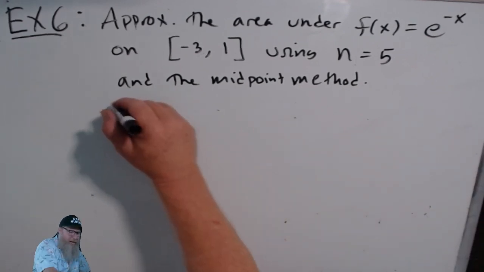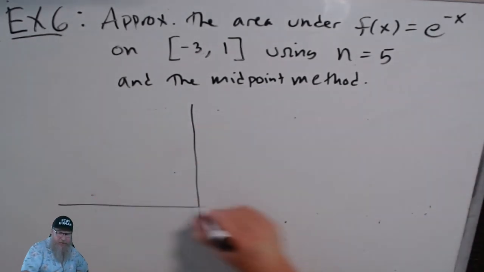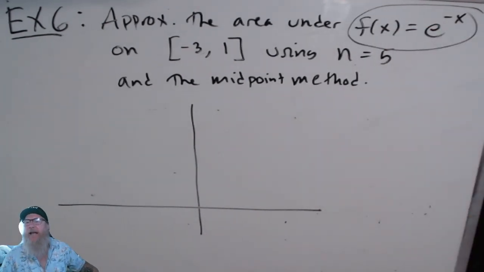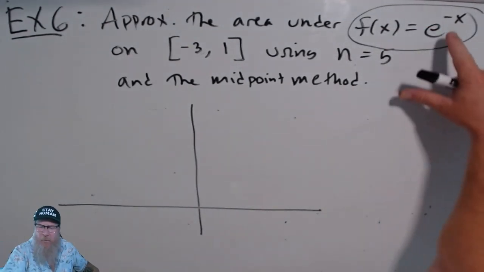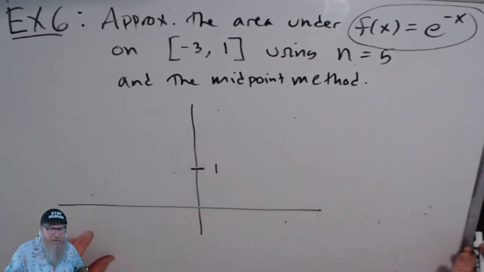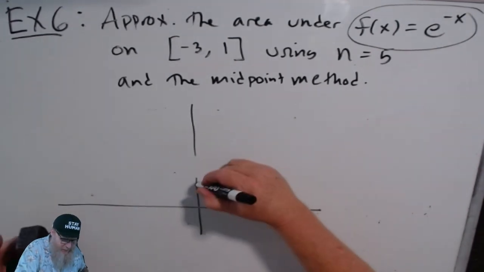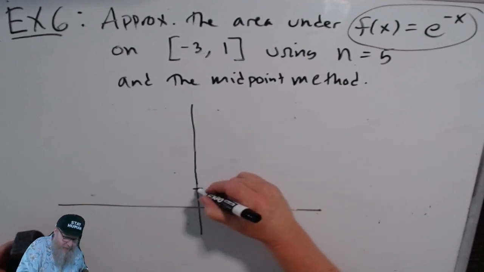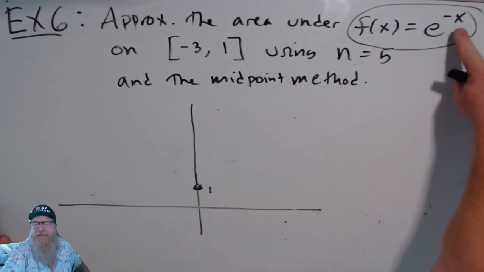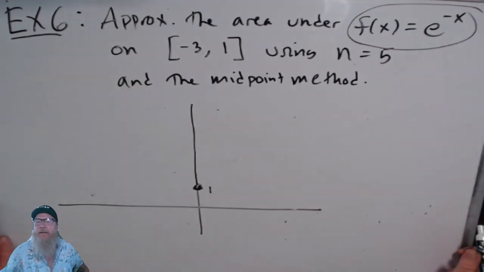Okay, just a very quick graph without even using graph paper. If you haven't seen this function in a while, it's the natural exponential with a negative power. So it has a y-intercept at 1. Y equals 1. If you plug in 0, you get out 1.